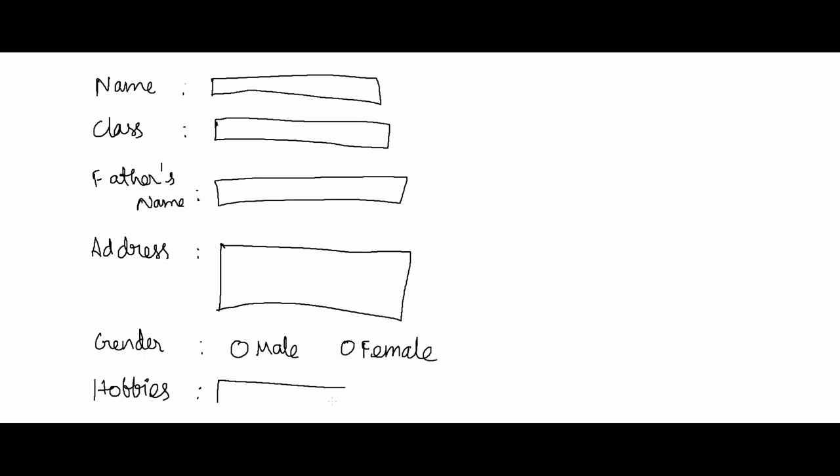For this, let me make a drop down. In this drop down we're going to give reading books, gardening.